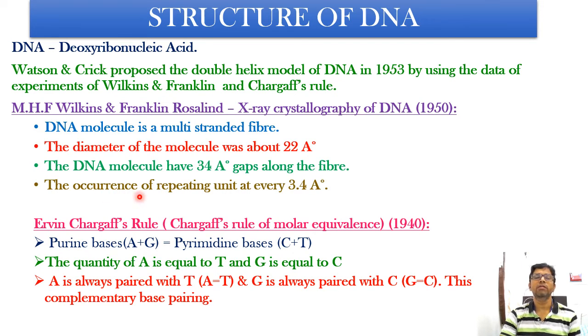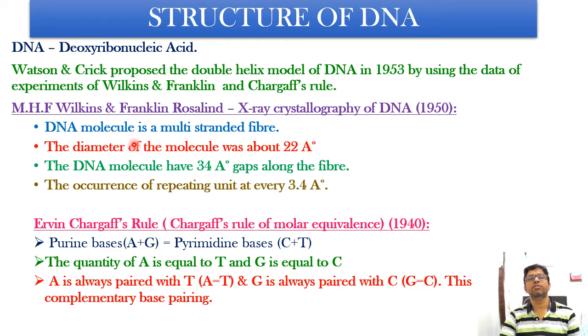This is the fourth point proposed by Wilkins and Franklin: DNA has a repeating unit, and the gap between two successive repeating units is about 3.4 angstroms. So based on these findings, Wilkins and Franklin constructed a three-dimensional structure of DNA.